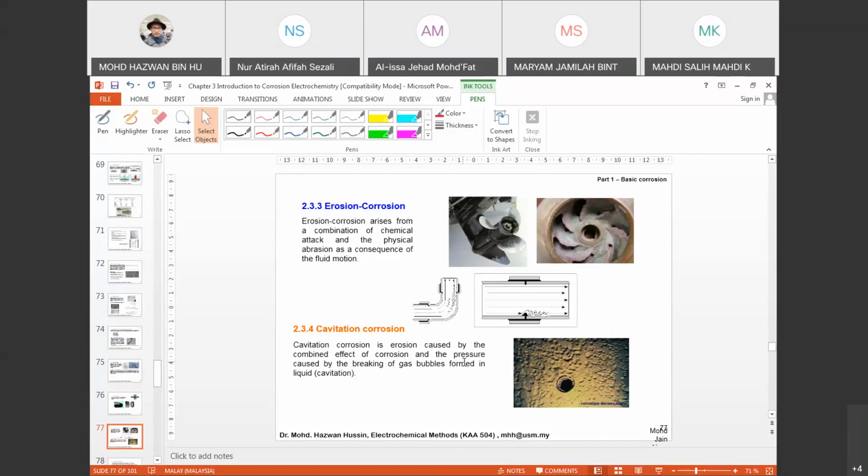Other than that, cavitation corrosion is caused by attachment of bubbles or gas on the surface. Cavitation corrosion is erosion caused by the combined effect of corrosion and the pressure caused by the breaking of gas bubbles from the liquid.